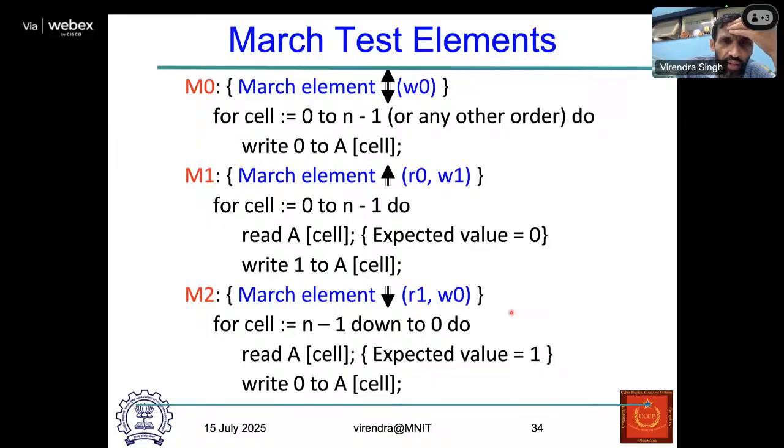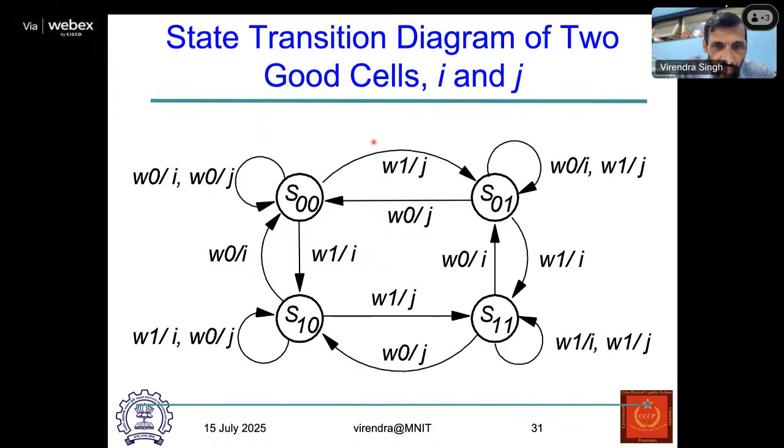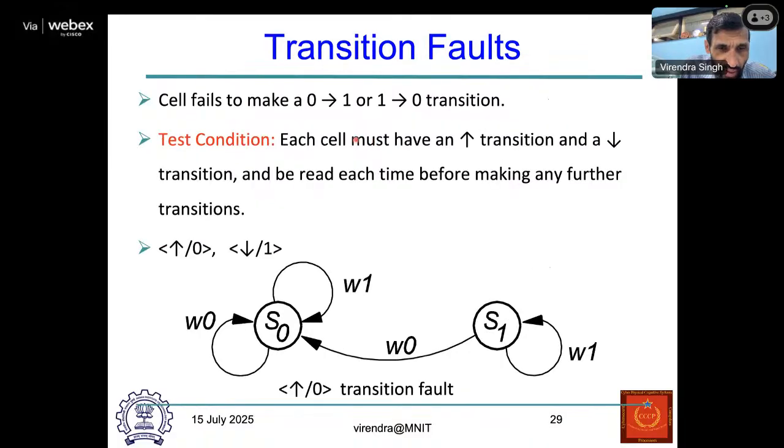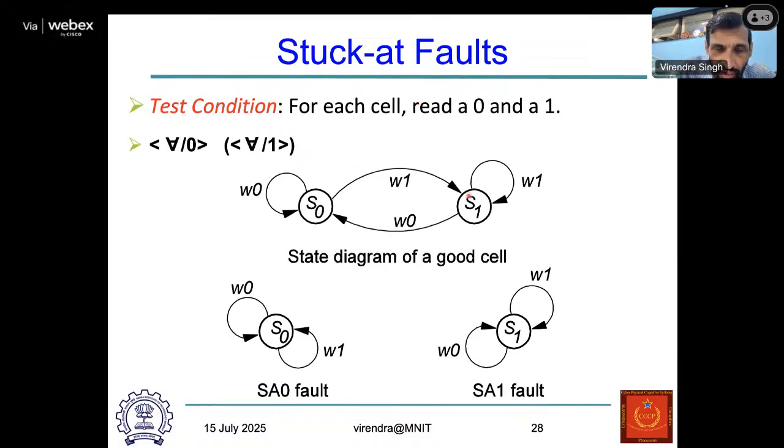So what we can do is march, I mean it's an array. Sorry, I could have made this diagram. You can go from cell 0 to cell 1, writing 0 to the cell. To test whether this state machine is there or this state machine is there, how do I test?